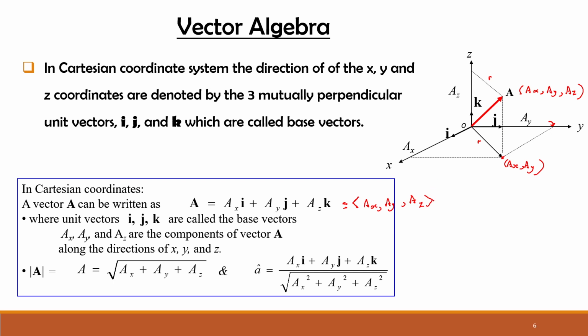If you want another way to represent the vector, you change from the round bracket to a less than symbol and a greater than symbol, or you may use the notation axi plus ayj plus azk. So now you have vector A.